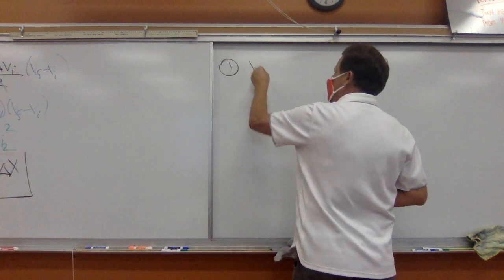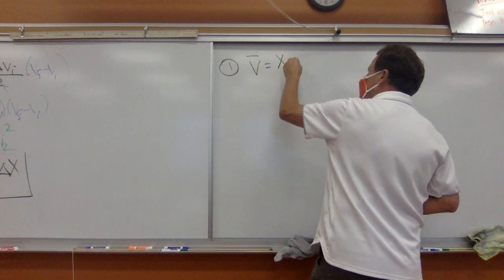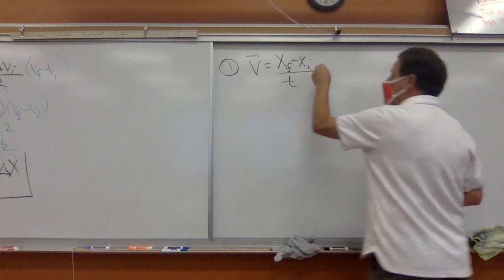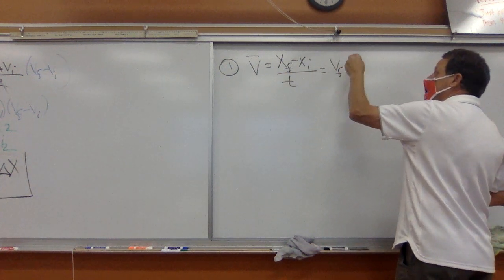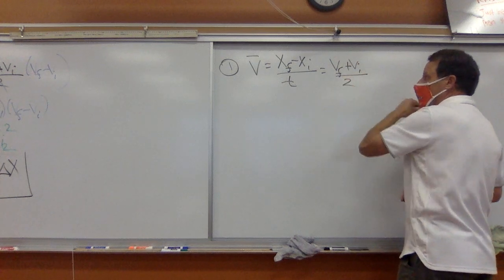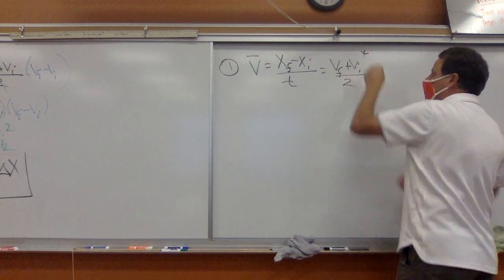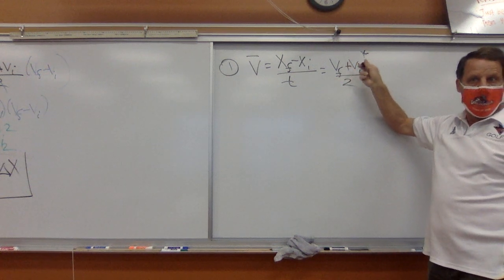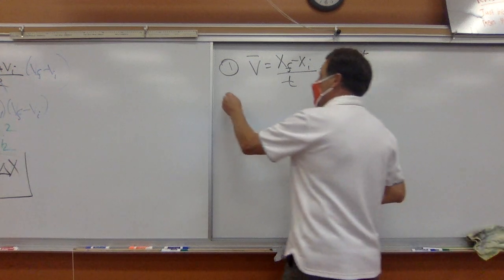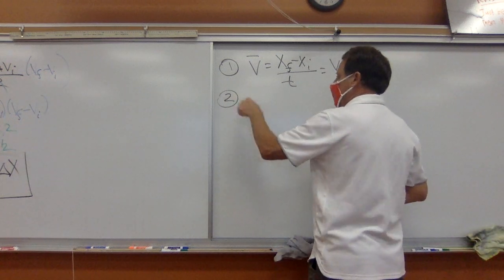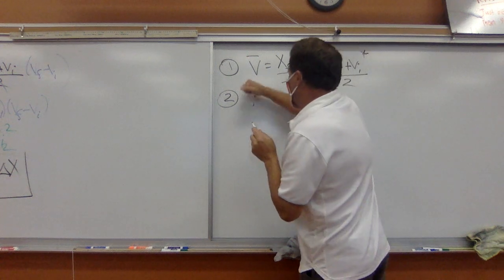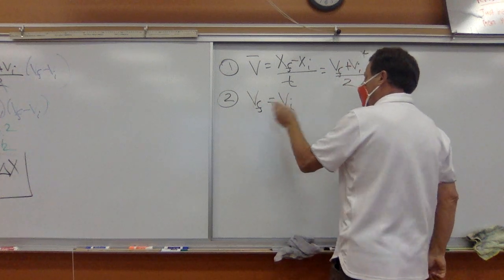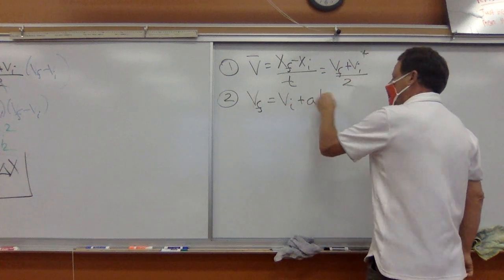We're going to have equation 1, which is average velocity equal to x final minus x initial over t, which is also equal to v final plus v initial over 2, okay? And again, this part right here has to be constant acceleration. This part here has to be constant acceleration. All right, equation 2, and I'm going to write it in this form: v final is equal to v initial plus at.